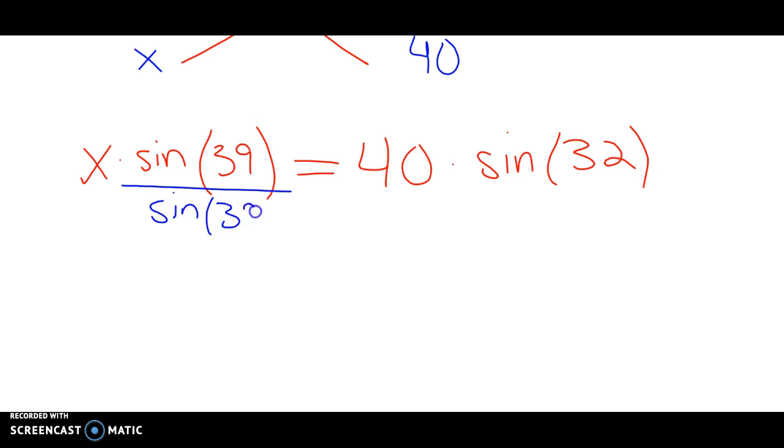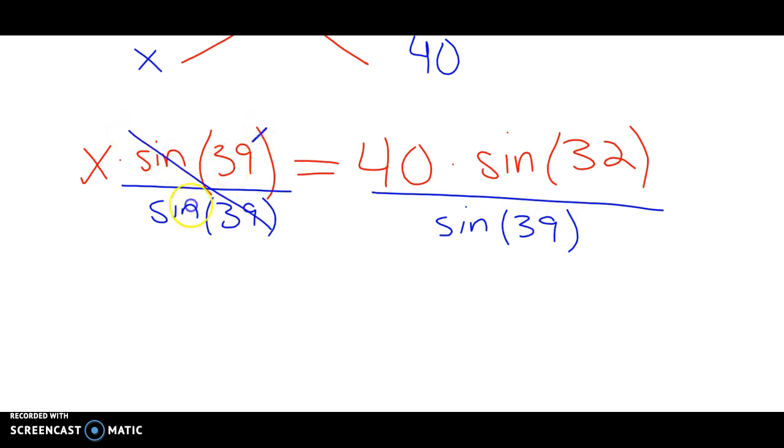That's what's being multiplied. Sine of 39 is just a number, so if we divide both sides by it, that cancels out. So now I have x equals all of that. Now it looks ugly, but we can just throw it in our calculator.